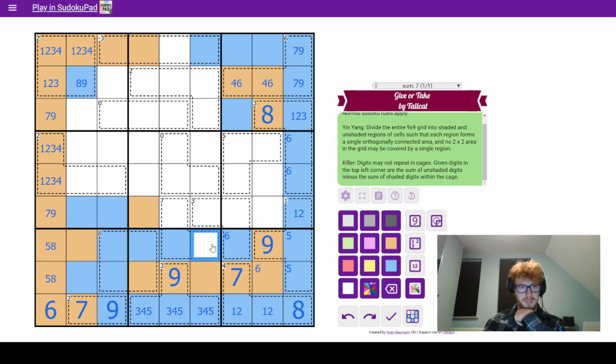So what do we know? One of these is orange, the other one is blue. And the blue one is an 8 or a 9. And the orange one is a 1, 2, 3, or 4. Hmm.